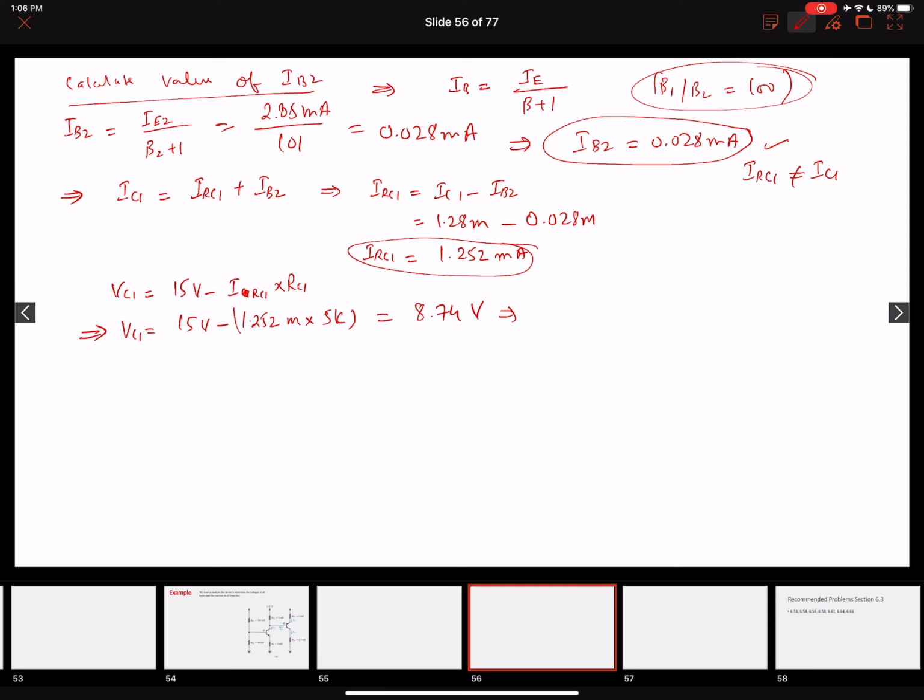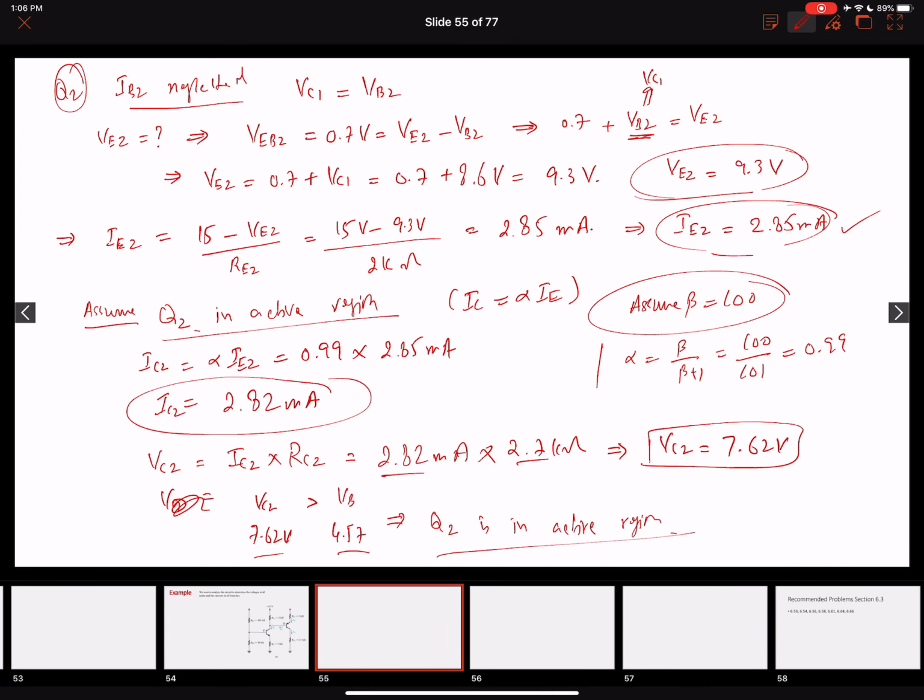Okay, great. Once we find the value of VC1, essentially we have to repeat the same process that we did before to find all the rest of the values. Once we have the new value of VC1, we need to find the new value of VE2.